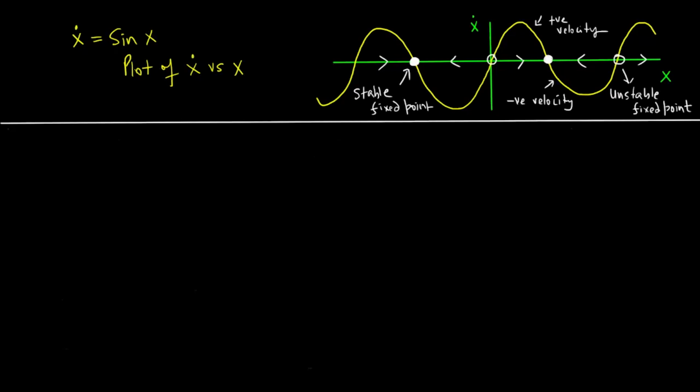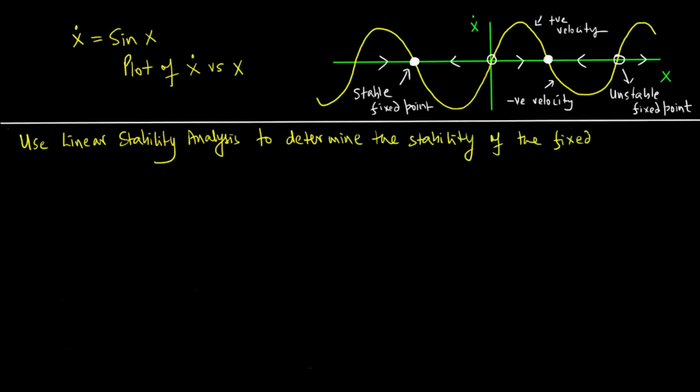So for this particular equation where f of x is sine x, what we see here is a plot of x dot versus x, where using the geometric view of thinking that we had outlined earlier, we were able to classify the stability of the fixed points, noting that we were able to do so without any formal analysis. And so now we go ahead and use linear stability analysis to determine the stability of the fixed points for the equation x dot is equal to sine x.